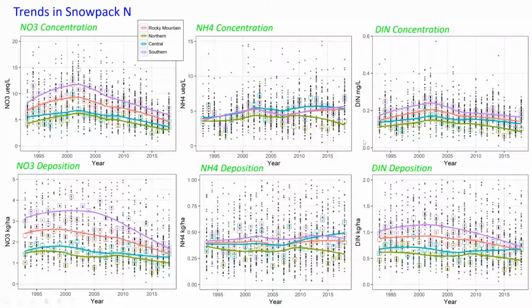We're seeing pretty clear decreasing trends in nitrate concentration and deposition, statistically significant in all regions. The ammonium is statistically significantly increasing in all of the regions except for the northern region, in both concentration and deposition. And then the DIN is statistically significantly decreasing in all regions except for the central region, which is showing the highest increases in ammonium.